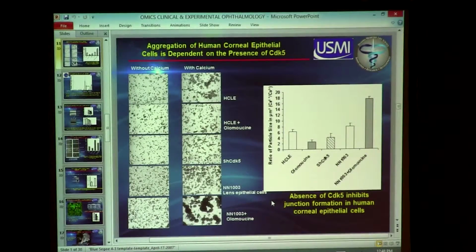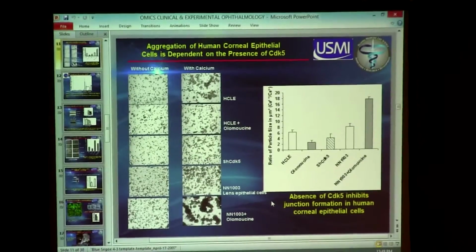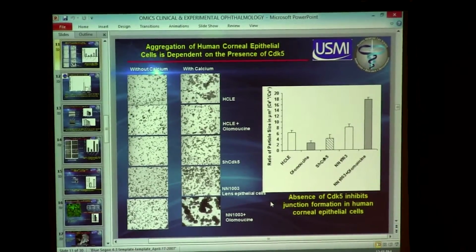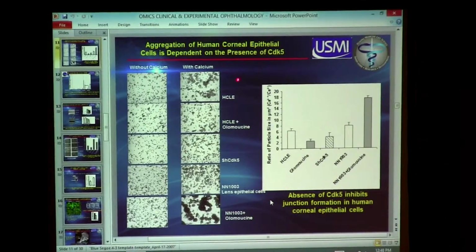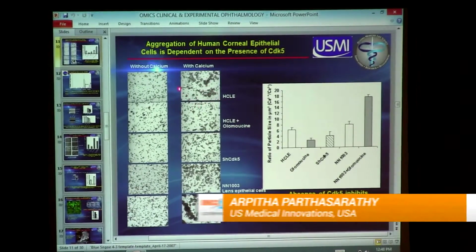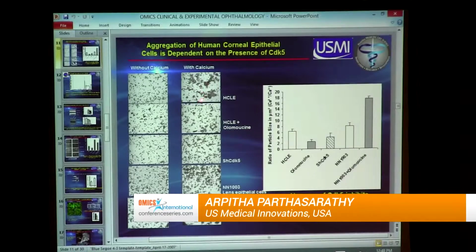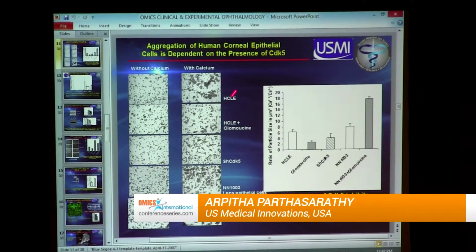This was a simple experiment that we had carried out. This was done to show that the cell-to-cell junction formation was dependent on E-cadherin and not N-cadherin. So two different cell types were chosen.